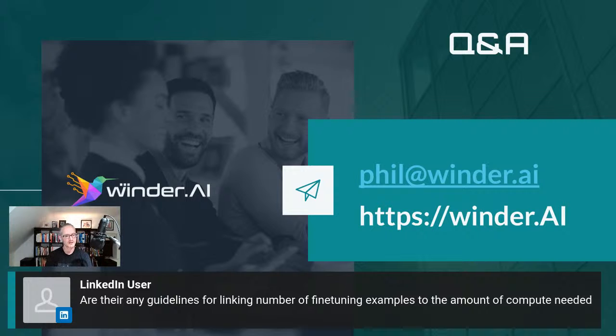And then we've got the linking of the number of fine-tuning examples to the amount of compute. The number of fine-tuning examples isn't really related to the compute. It's more related to how much data you need to properly internalize that information inside the model.